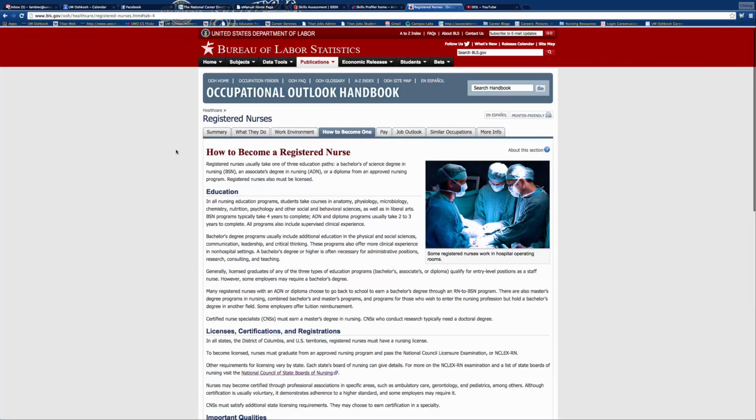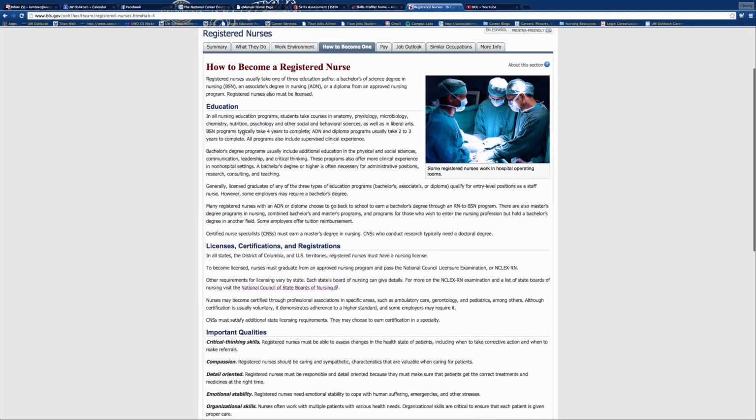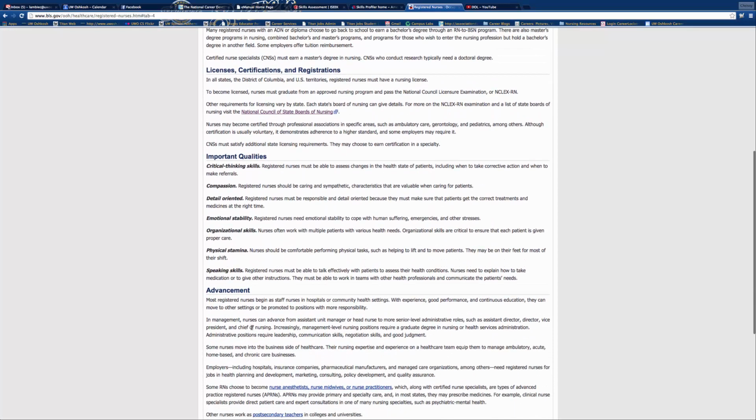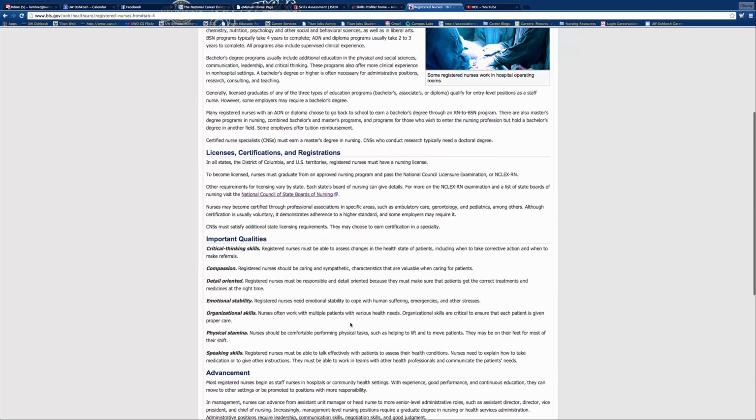Sort of the track and how to become a nurse or an accountant or a marketing professional. It really gives you a good idea of what the path is like. And again, pointing out the different types of skills that are important, any certifications or licensures that are going to be necessary, and then if there's advancement opportunities.